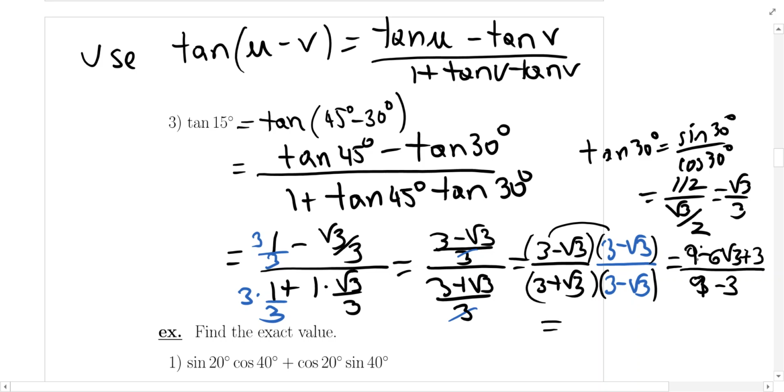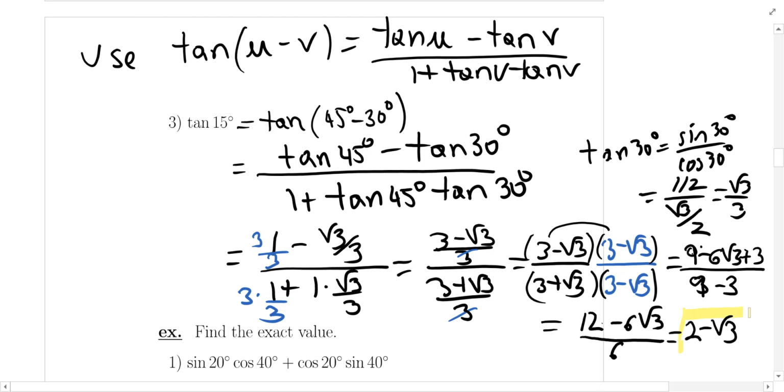All right, so if we further calculate this, 9 plus 3 is 12, minus 6 root 3 over 9 minus 3 is 6. And then I can distribute the common denominator. 12 divided by 6 is 2. And then 6 divided by 6 is 1. So all I have left is 2 minus root 3.